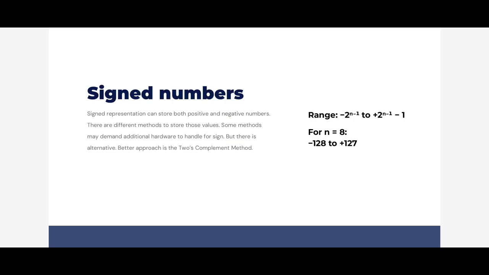To represent signed integers, we can use different methods. Some methods may demand additional hardware to handle negative numbers, but there are alternatives which don't require additional hardware. One of them is called ones complement, but a better approach is the twos complement method.